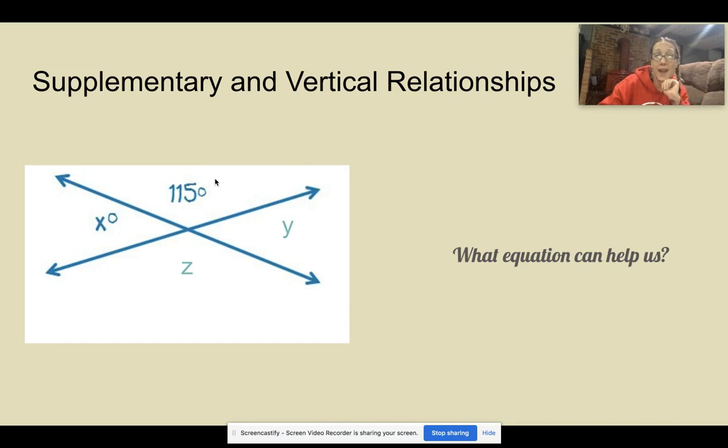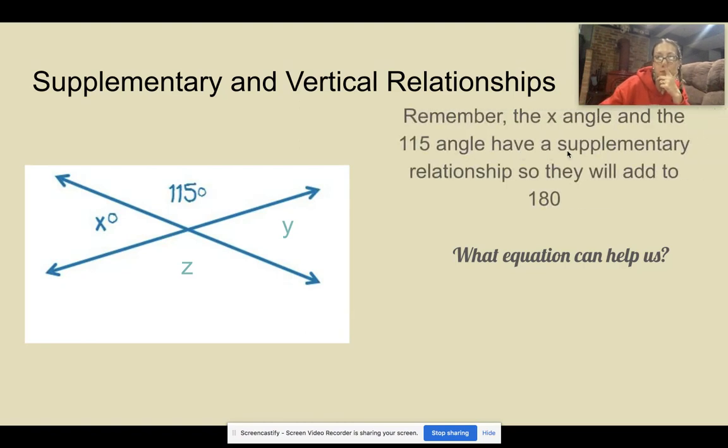You've got one angle that is 115 degrees. Dude, from that one angle, you can fill out X, Y, and Z. So let's start with the X, right? I want to figure out what this angle is right here. Well, let's see. Remember that X and that 115, those two angles, when you add them together, have a supplementary relationship, right?